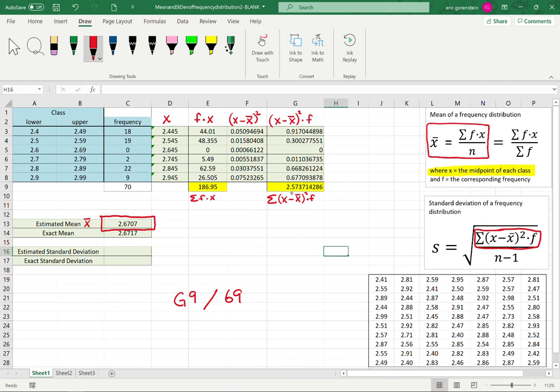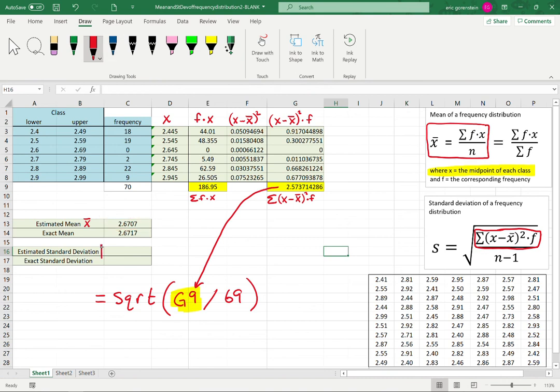That's that sum divided by n minus 1, but we also want to take the square root of that, SQRT. So that's the square root of the sum. Remember, G9 is that sum, so we take that sum divided by 69, and we want the square root of that.